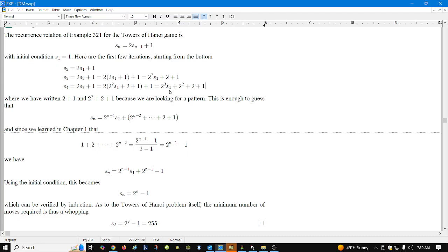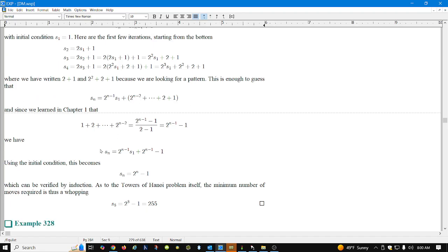Multiply the highest power of 2 by S1. So for Sn, we have these powers of 2 starting with 2 to the n minus 1, and here's the S1. And I just put the parentheses for readability.